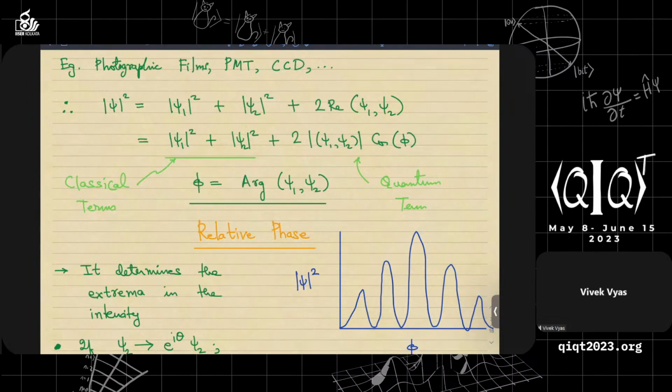In general, the inner product of psi1 and psi2 is a complex number, because in quantum mechanics we work with complex vector spaces. So this real part can be written as the modulus times the cosine of an angle, and that angle is the argument of the inner product.